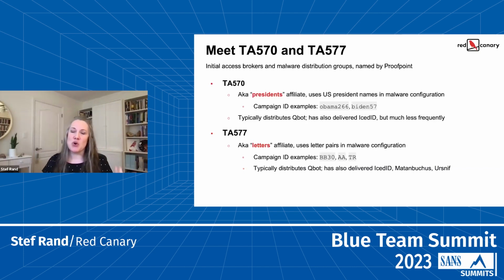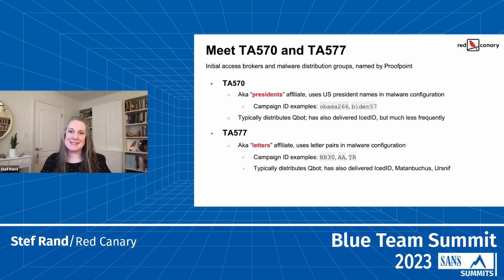TA570 is known as the president's affiliate because they keep track of their specific campaigns using campaign IDs with US president names in them in the malware configuration. So in the configuration of these loaders that they use to then deliver Qbot, which is what they typically deliver. Sometimes they deliver ICE ID, but that's much, much less frequent.